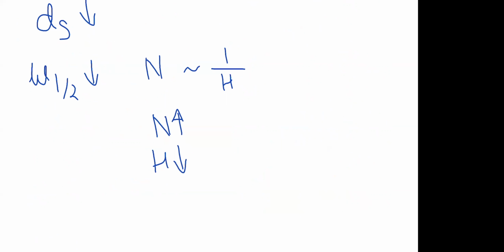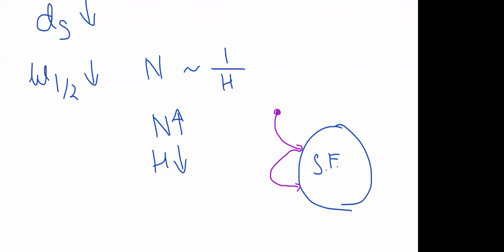And just to remind you, the theoretical plate height can be thought of as the distance that, if this is my stationary phase particle and this is the molecule, the molecule travels between two retention events.